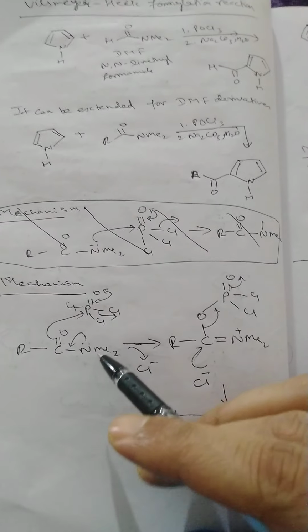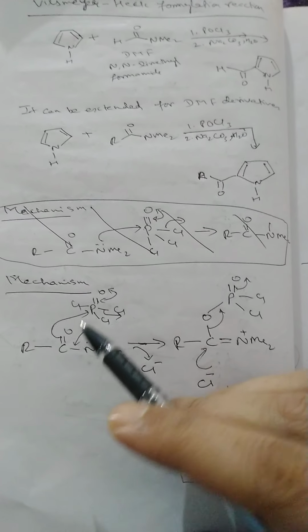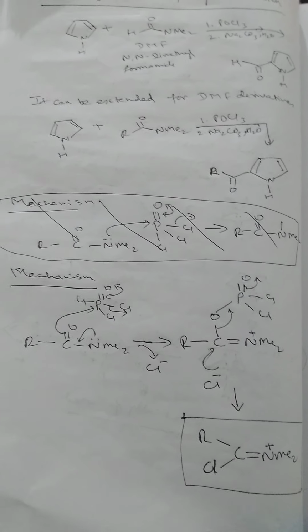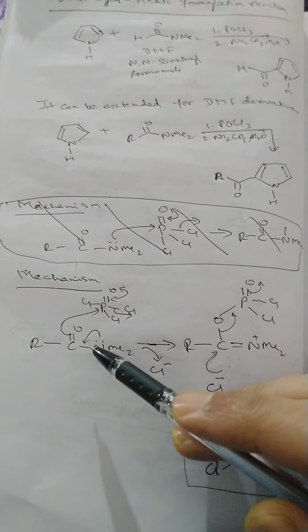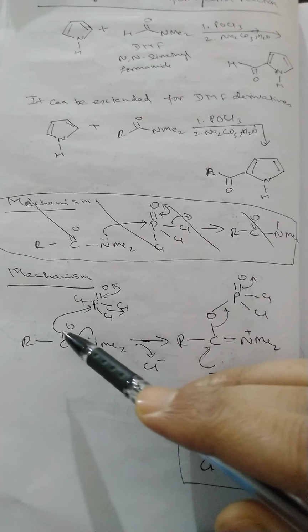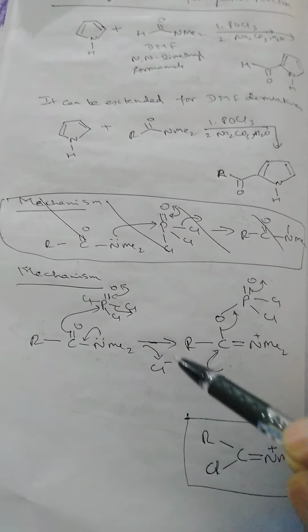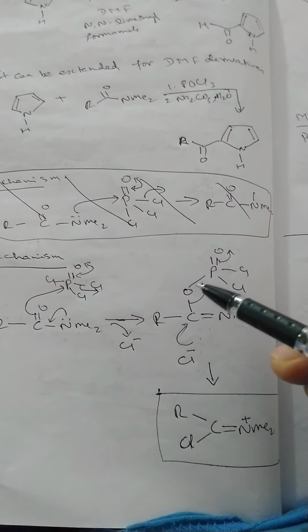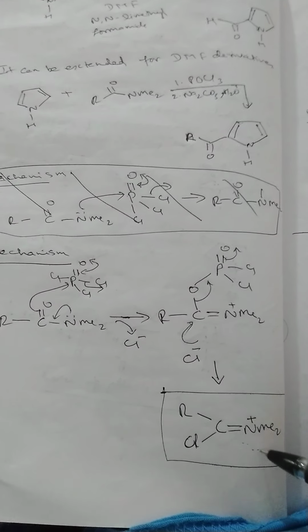So the mechanism. First, POCl3 reacts with DMF, okay? DMF is not only a solvent, it is also a reactant here, remember that. It's very simple: the nitrogen lone pair comes in, this one attacks phosphorus, it goes up, comes down, and Cl minus is lost. Then this Cl minus attacks and this leaves, and this is the most important intermediate.